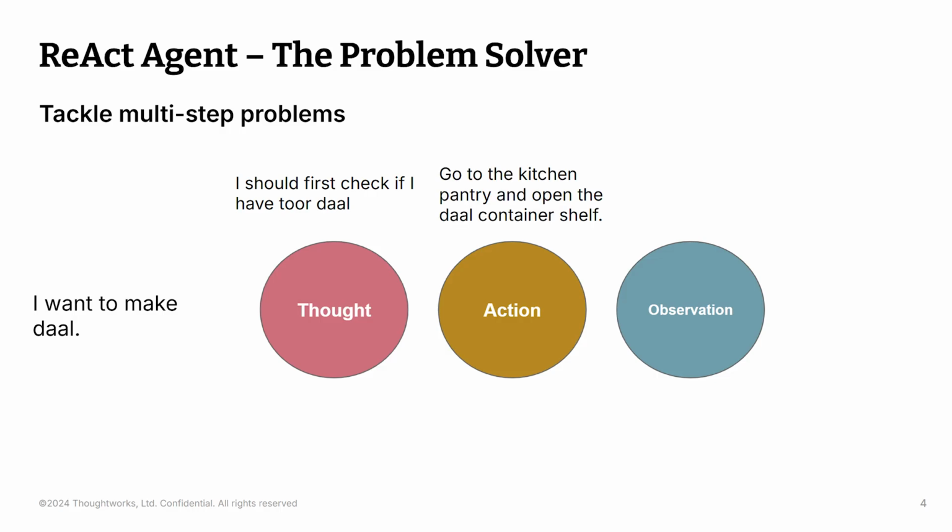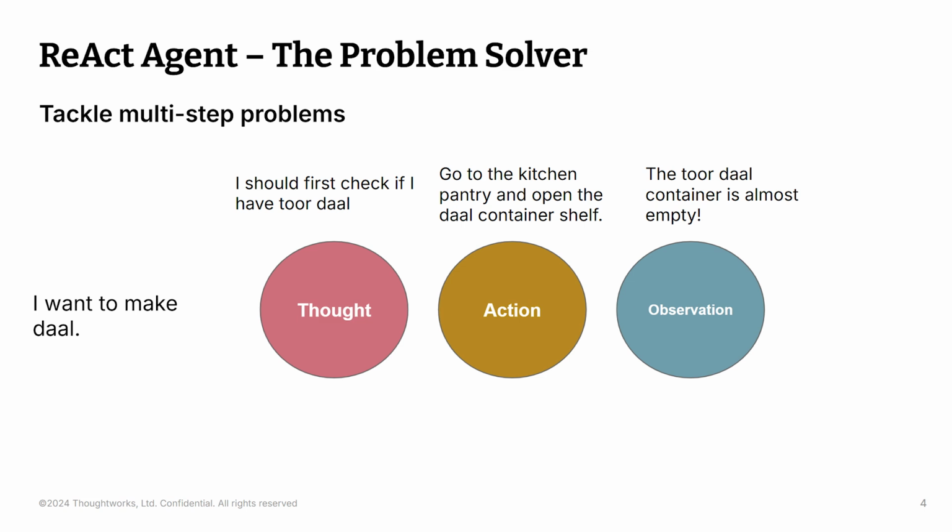Go and check, right? Go to the kitchen, pantry, open the dal container and see if you have toor dal. Now you went to the kitchen, opened the pantry, and you have a box in your hand, and you say, oh, it's empty. What do you do next?